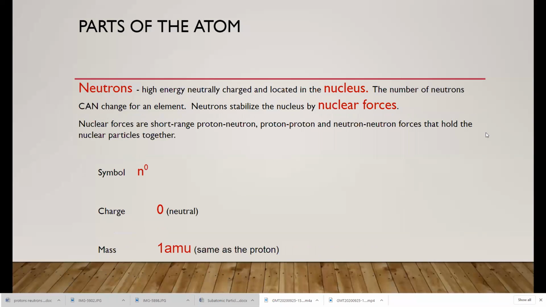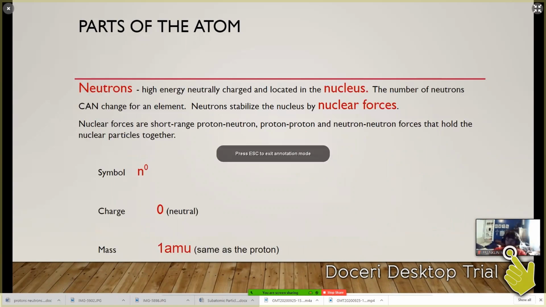The next subatomic particle would be your neutrons, also located in the nucleus. Neutrons can change in an element. We'll call those isotopes. We'll talk about those a little bit more in a little bit. Neutrons stabilize the nucleus by nuclear forces, and nuclear forces are forces that act over a really small distance.